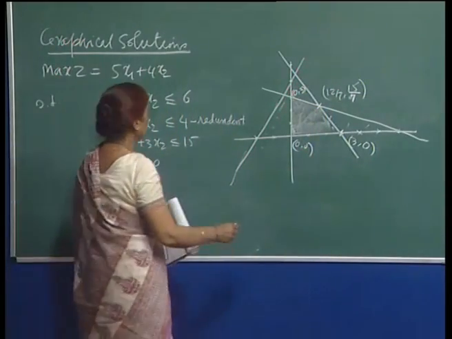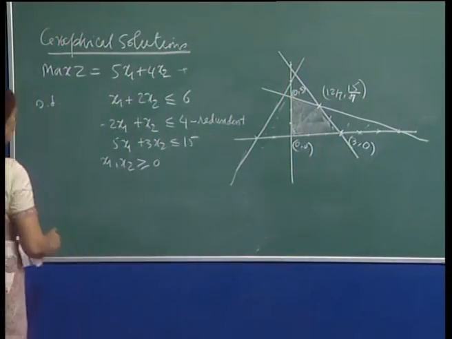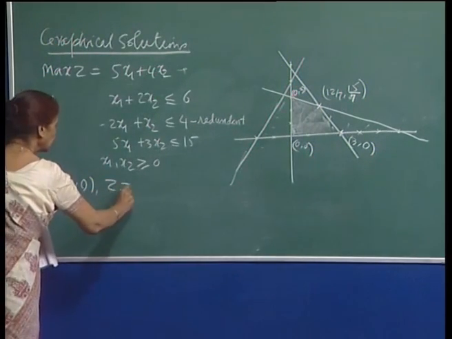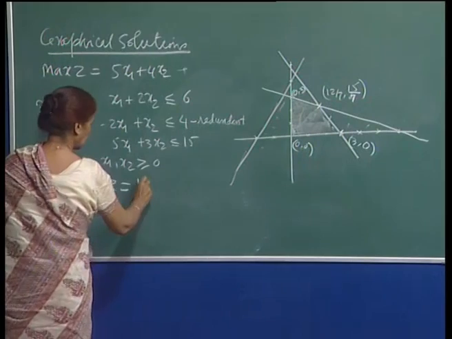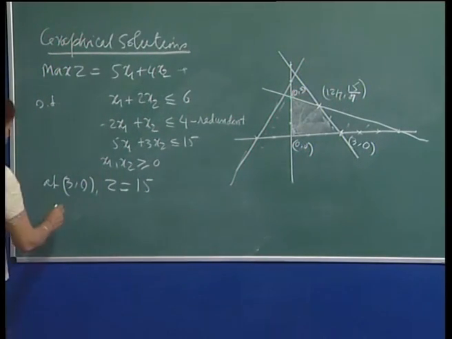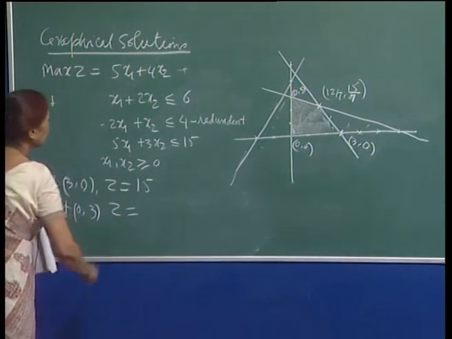Now just see the value of the objective function at the point 3, 0, for example. At 3, 0, your z is equal to what? 15. Okay. And at 0, 3, your z is 12.